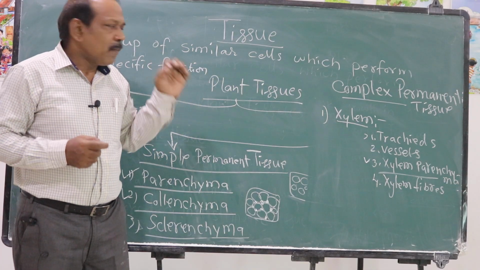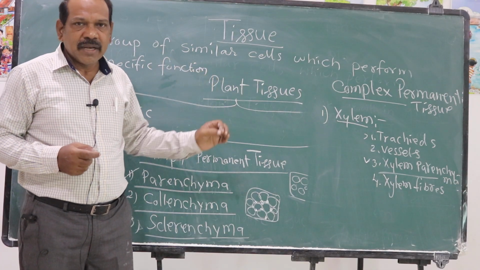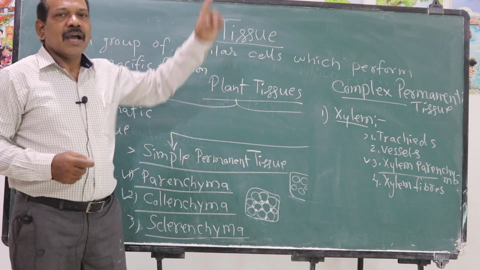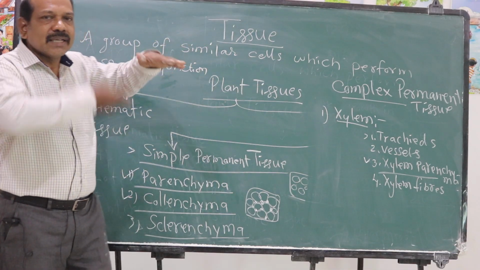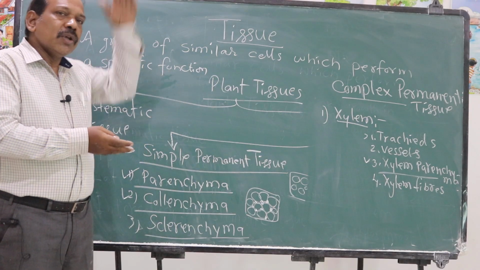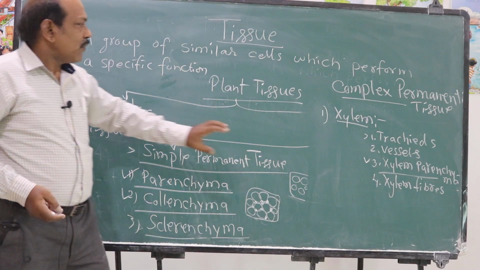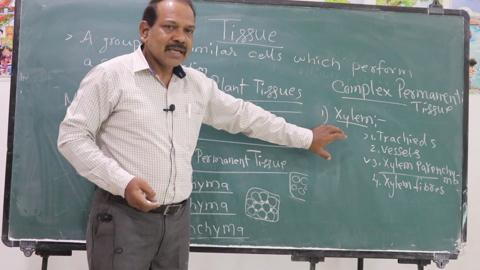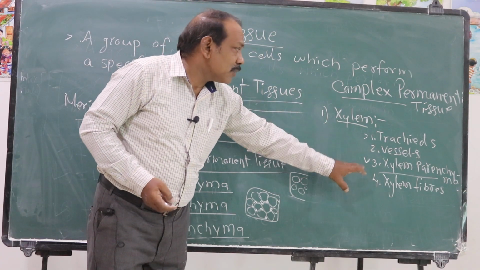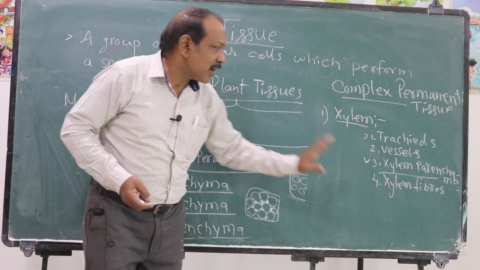Each and every part of the plant needs water and minerals, which is obtained by the root and transported upwards against gravity from the roots to different parts of the stem. The function of xylem is to transport water and minerals, and that is performed by four different types of cells: tracheids, vessels, xylem parenchyma, and xylem fibers.